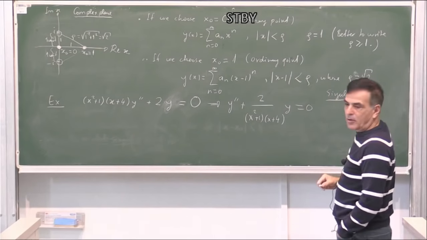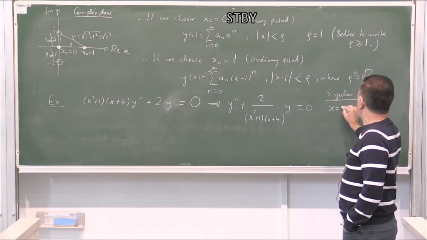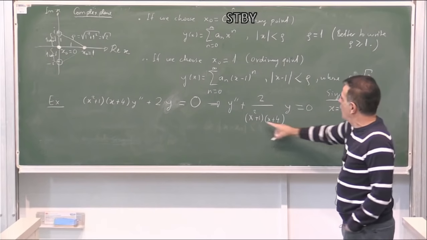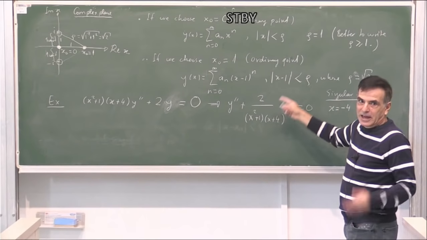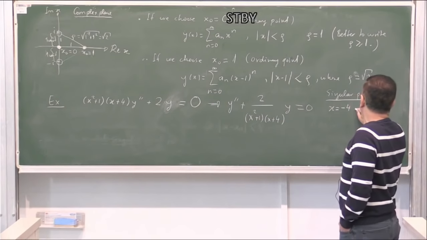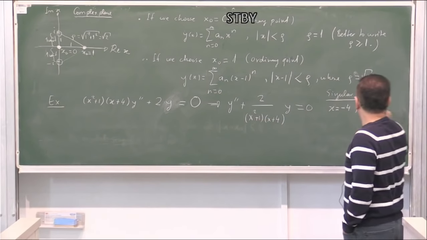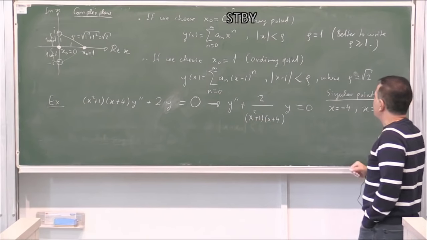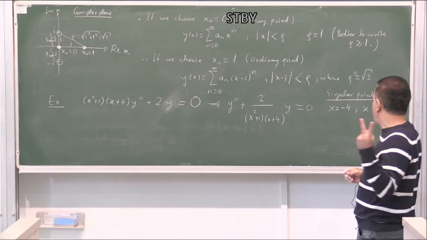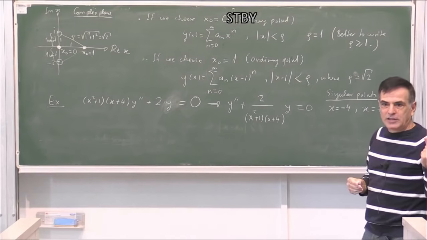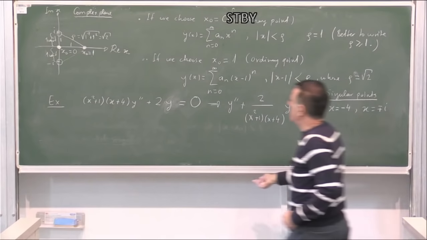What about the singular points? There is a real singular point at x equal to minus 4 where the coefficient is undefined, so it cannot be analytic. And there is a complex pair of singular points, plus or minus I. Good? So this time the equation has a pair of complex conjugate singular points and a real singular point.